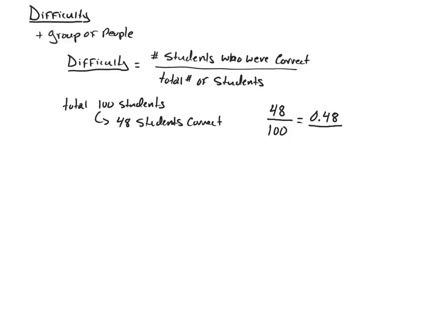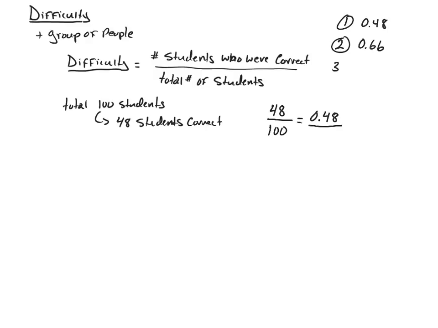And that's on one item. So to find the difficulty of the entire exam, we need to do that with every item. So maybe that was item 1, and we got a difficulty of 0.48. And then maybe item 2, we got a difficulty of 0.66.